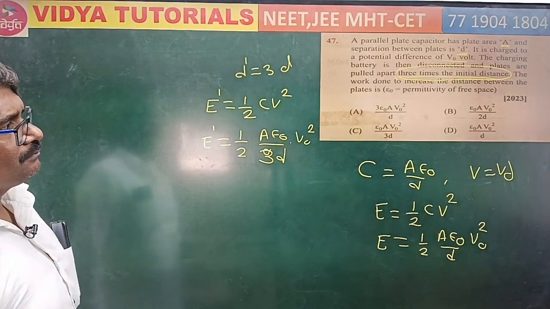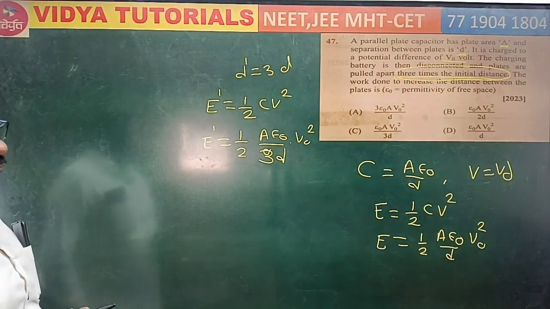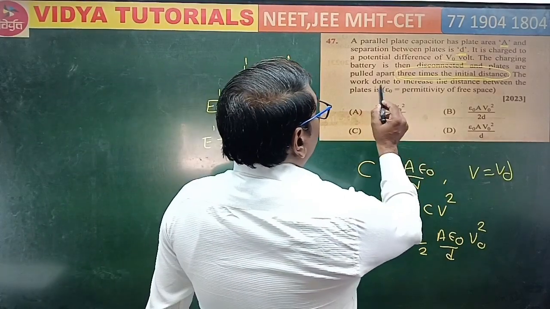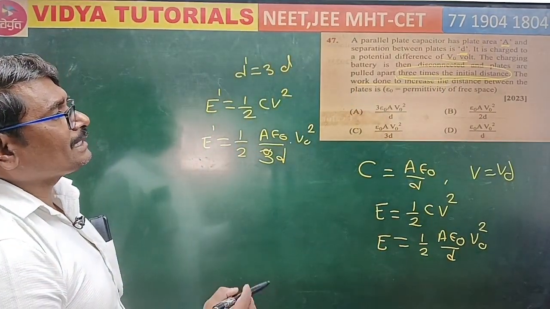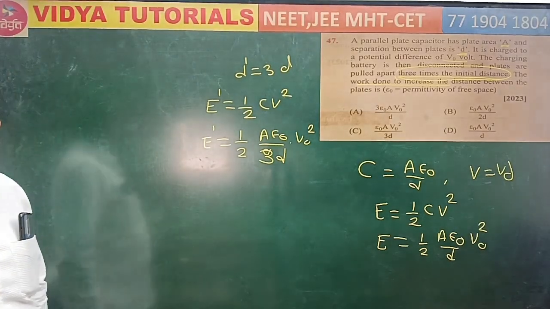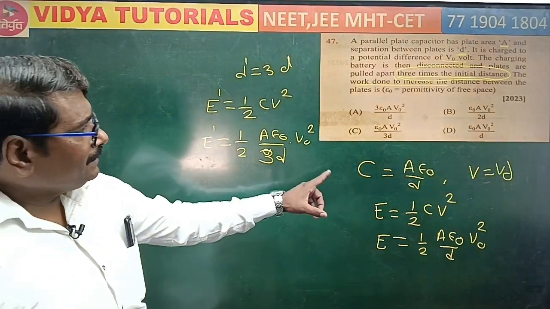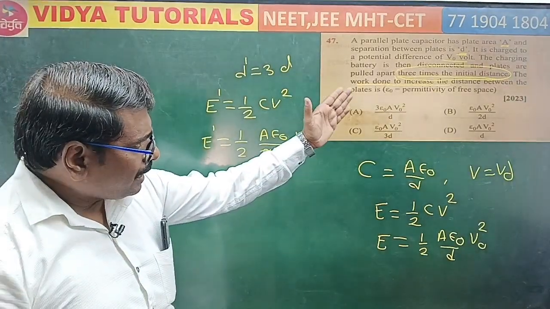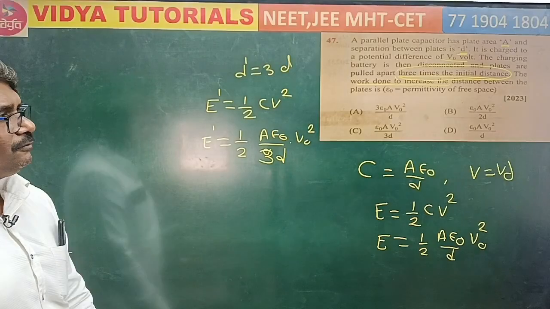Is it clear? Now, how to find the work done to increase the distance between the plates? Now work done, what to find? Observe these options 1, 2, 3, 4 or A, B, C, D. What will we do?